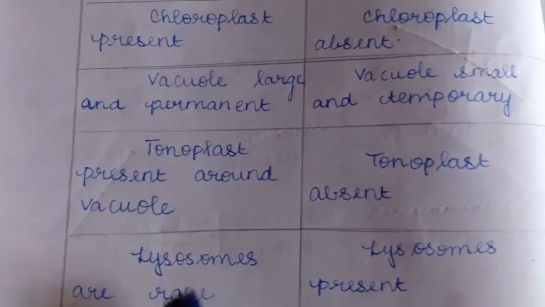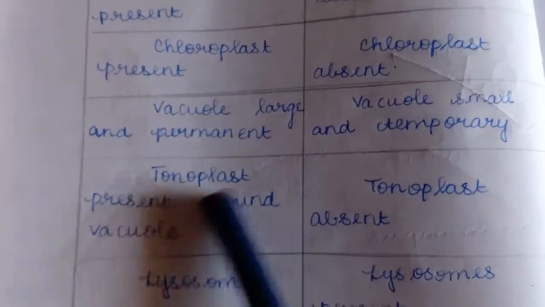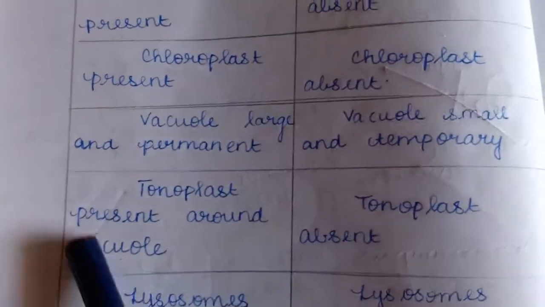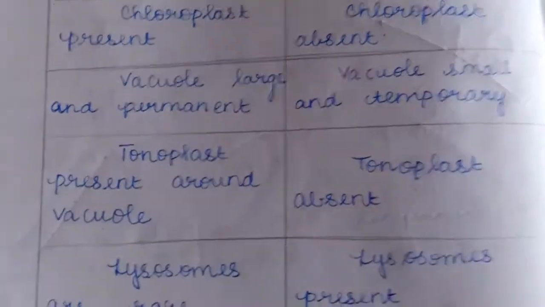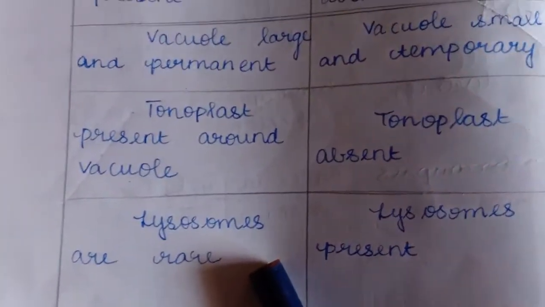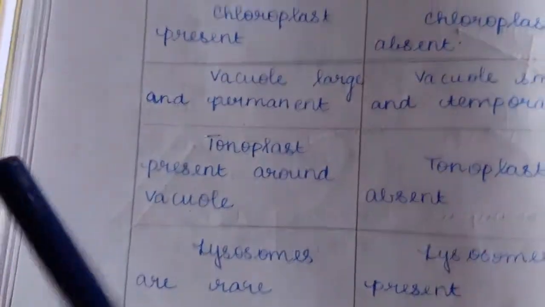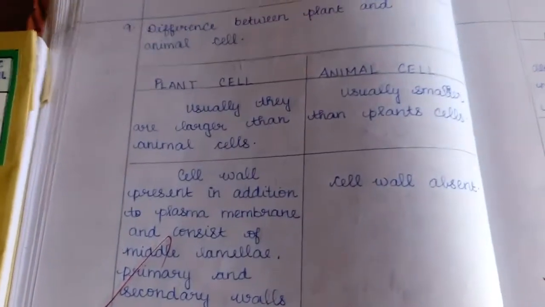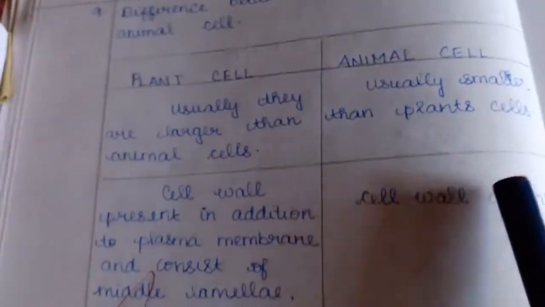The last point would be tonoplast present. It is a lysosome-like structure, a layer around the vacuoles. Here tonoplast is absent. Lysosomes are very rare in plants, whereas in animals lysosomes are present. So altogether you have some 7 points for the difference between plant cell and animal cell. It is large, it is small.